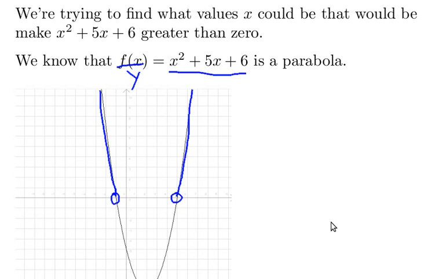So let me explain it this way. The y value is greater than 0 when the x value is not between the x-intercepts. When it is between the two x-intercepts, it's going to be less than 0. We can see it here, it's going to be less than 0 here. So to find out where the y value is greater than 0, we find out where the x-intercepts are, and then we say it needs to be outside those x-intercepts.